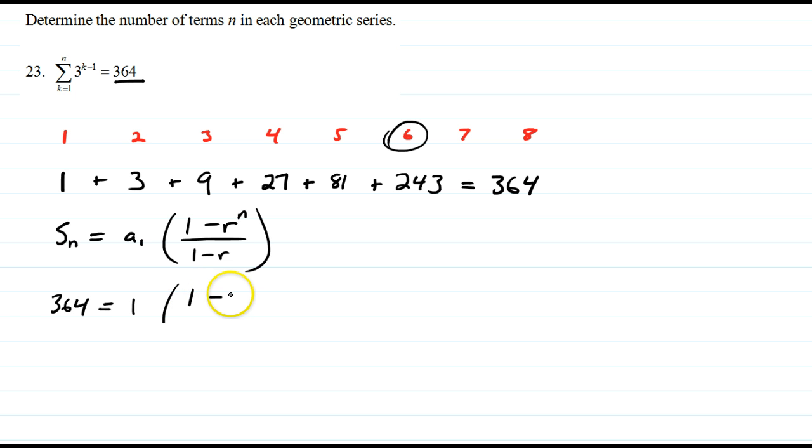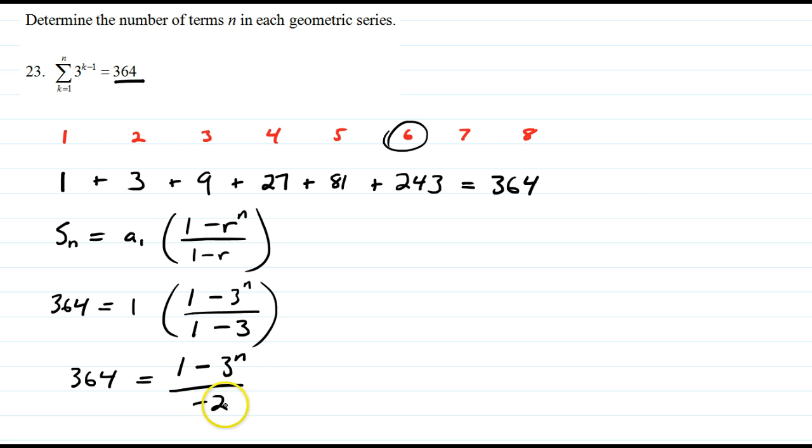So it's 1 times 1 minus our ratio of 3 to the n over 1 minus 3. So the 1 times this isn't going to change anything. So we get 364 equals 1 minus 3 to the n over a negative 2.